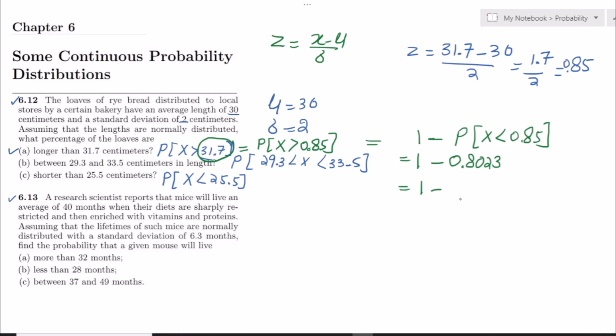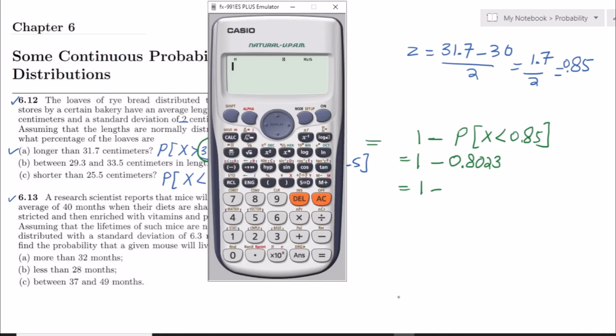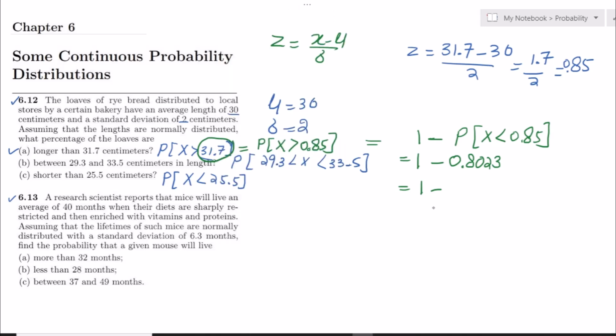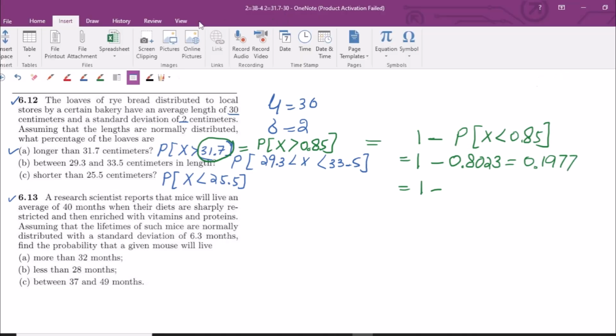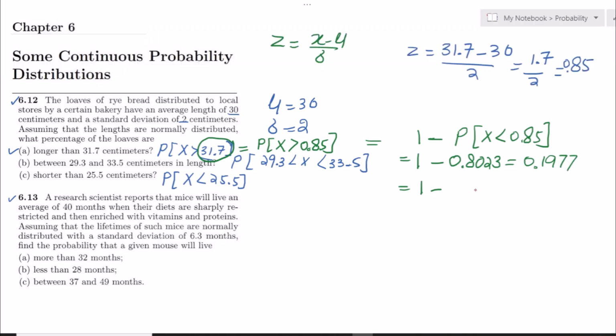Subtracting it from 1, it would be 1 minus 0.8023, which is 0.1977. That is the solution for part A of my question.